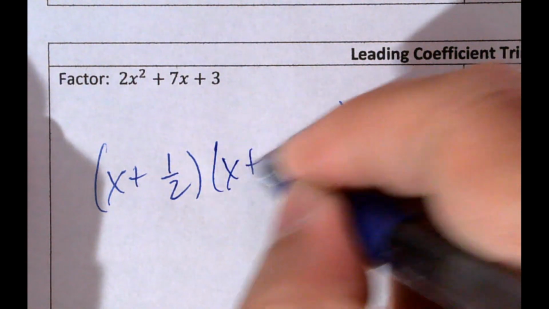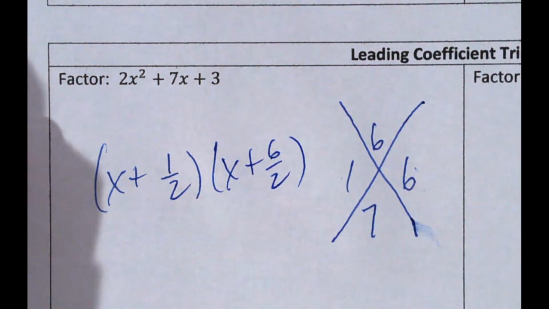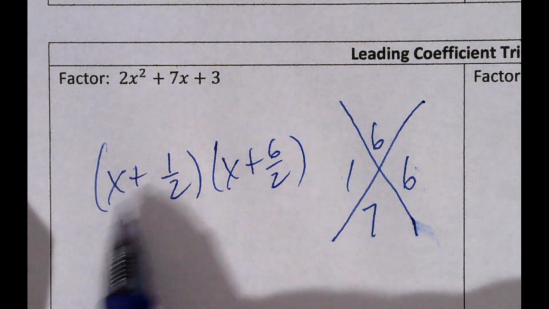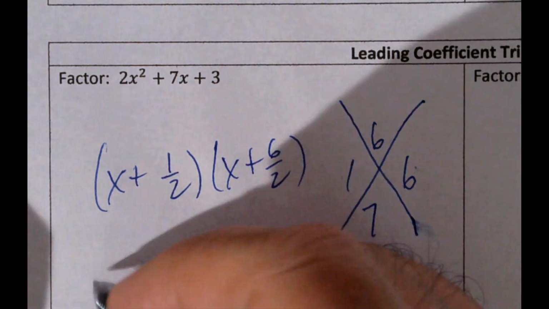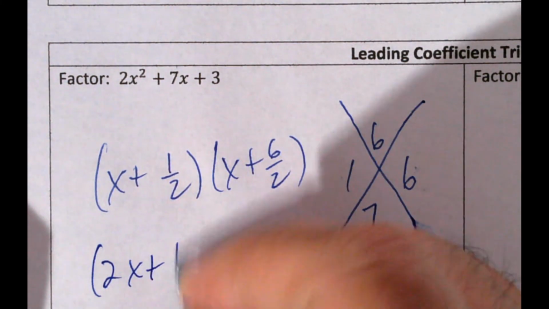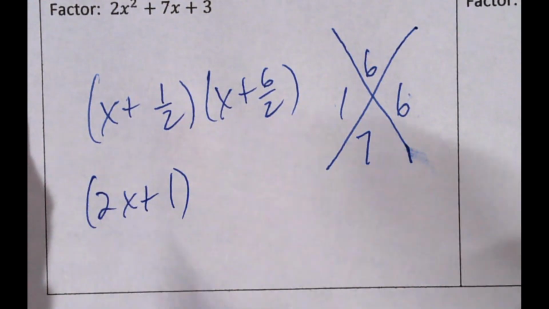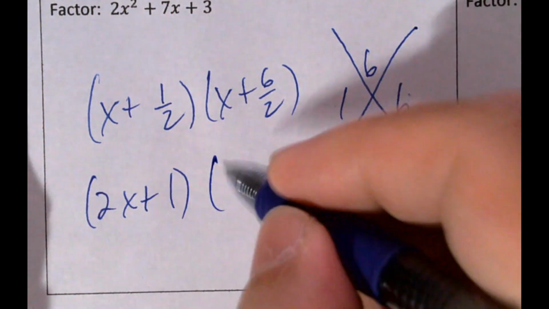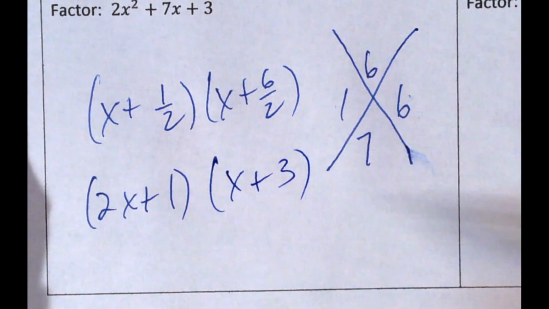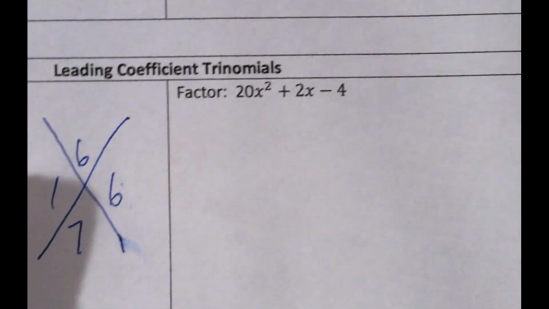And x plus 6 over 2. Now, if it cannot be reduced, like this 1/2 can't be reduced, you just bring that 1 forward and bring the 2 forward. That gives me 2x plus 1. Now the 6 over 2 can be reduced, and you just reduce that, plus 3. That's it.